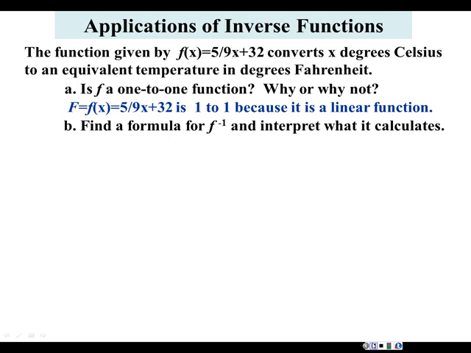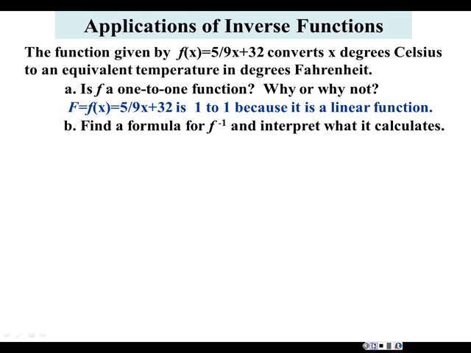So the inverse function should do the reverse. The original function takes degrees Celsius as an input and gives you degrees Fahrenheit as an output. The inverse function just does the reverse. It takes degrees Fahrenheit as an input and gives you degrees Celsius as an output.